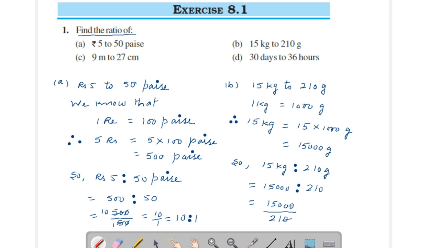We can cancel 0 by 0. Then by 3. 3 5s are 15 and 2 zeros. Again by 3. 3 7s are 21.